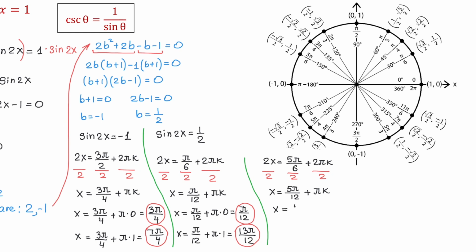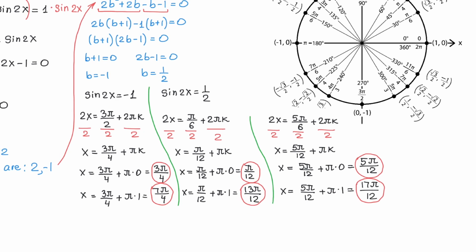So we will have 5 pi over 12 plus pi times 0 equals 5 pi over 12. Next, we will replace k with 1. So we will have x equals 5 pi over 12 plus pi times 1. And this equals 17 pi over 12.